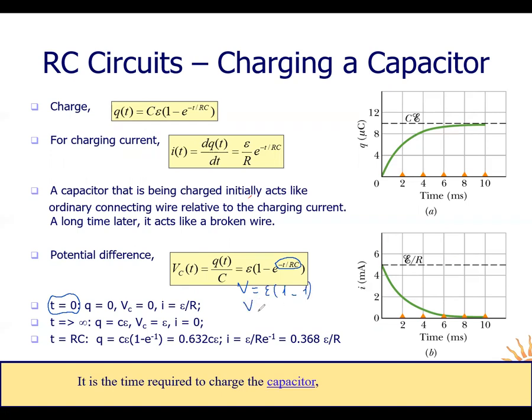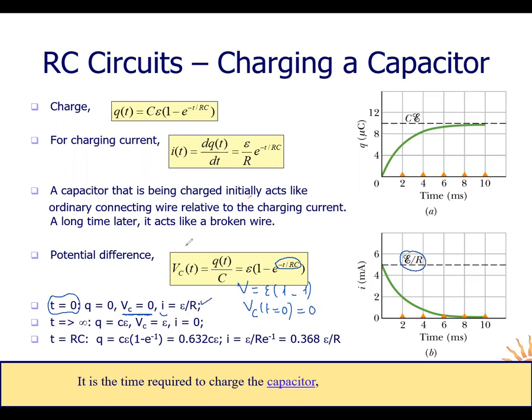So V at the capacitor at T equals 0 equals 0. Okay, we don't have any voltage at the capacitor at initial time. And we calculated I at initial time, which is equal to E divided by R.